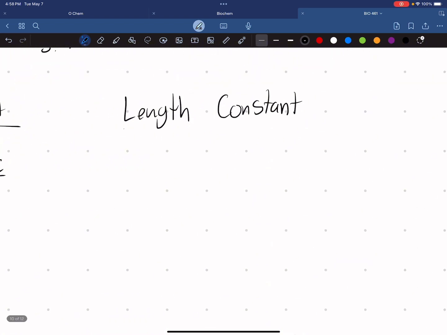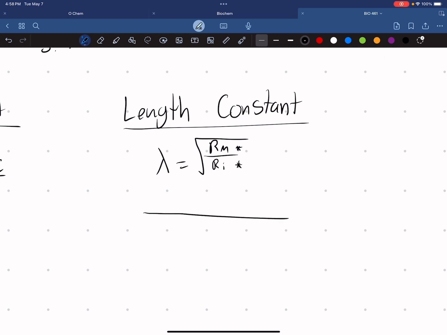So now discussing the length constant, given by lambda, which is equal to the square root of the membrane resistance over the internal resistance. Because these two factors are inversely related, I'll kind of draw a picture of this.